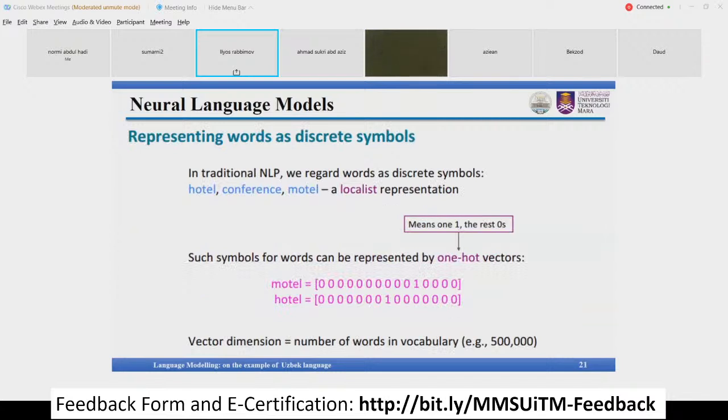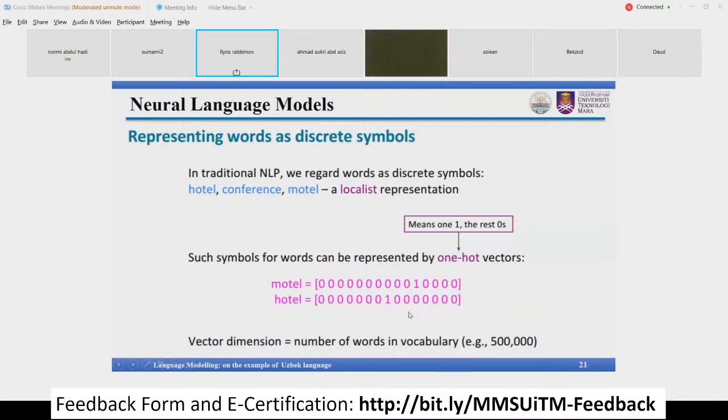Representing words as discrete symbols. In traditional NLP, we regard words as discrete symbols: hotel, conference, and motel are a localist representation. Such symbols for words can be represented by one-hot vectors. These vectors consist of one 1 and the remainder zeros. The vector dimension equals the number of words in the vocabulary.